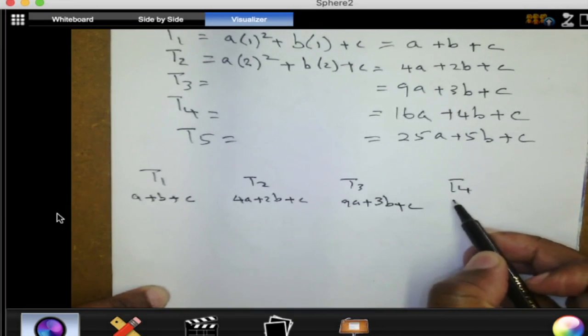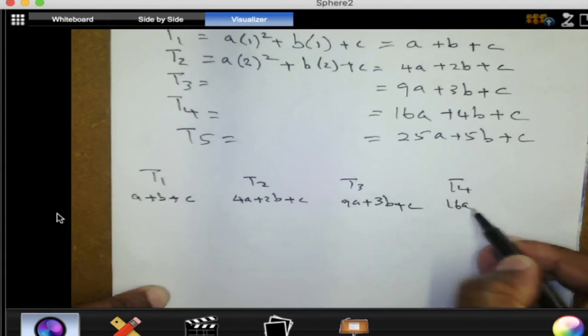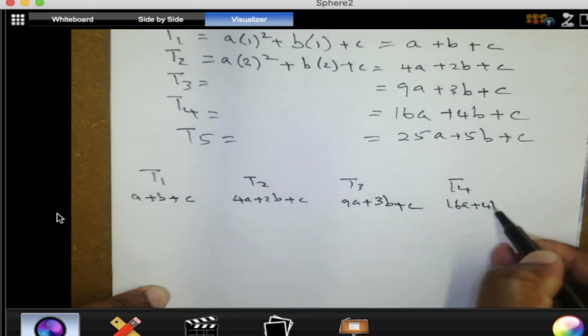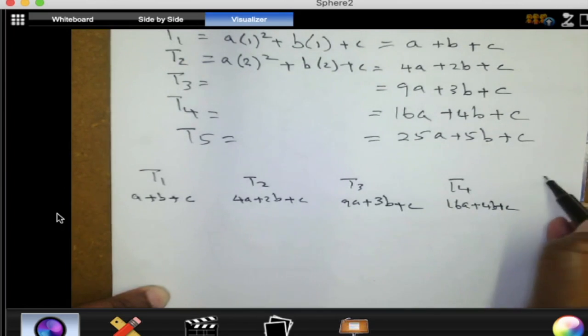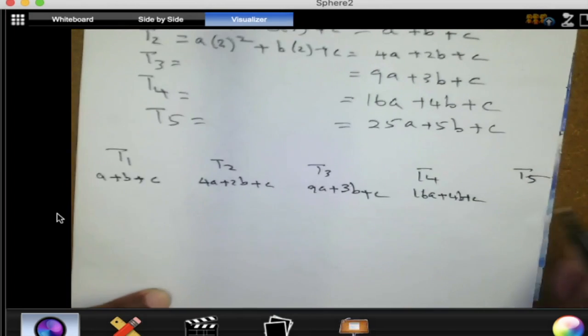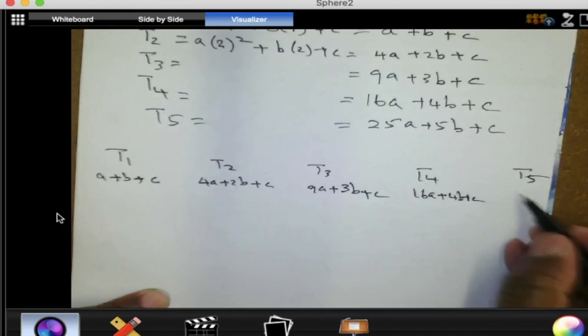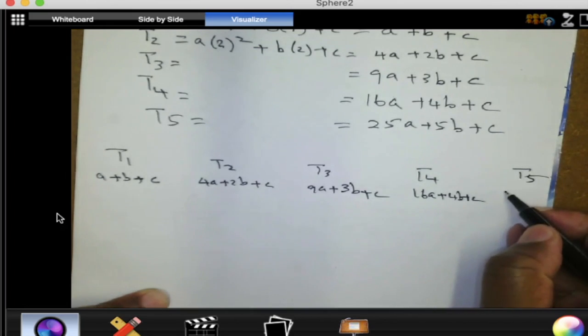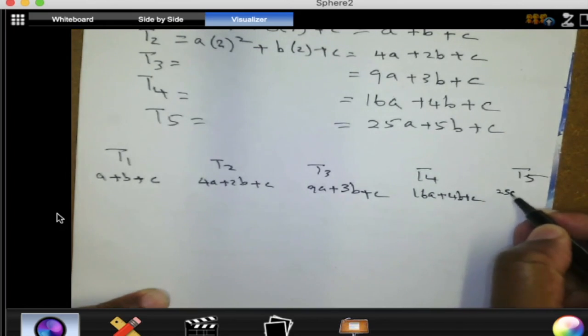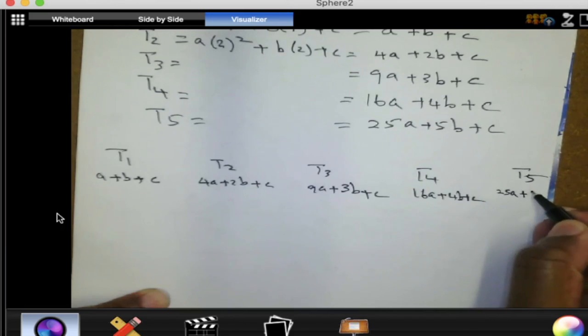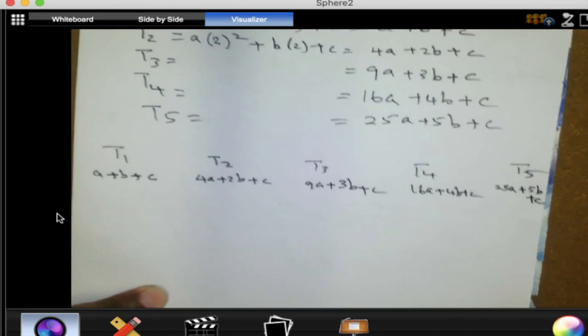T4 is 16a plus 4b plus c. I'll try and squeeze in T5 there. We don't really need it. I think we have enough. I have no space, but T5 is 25a plus 5b plus c.